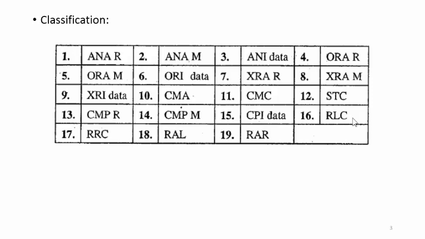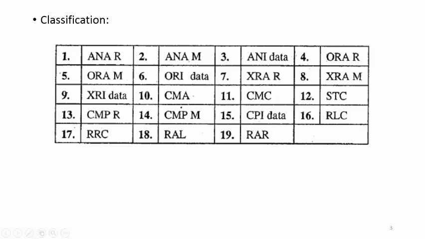Then the rest of the instructions are shifting instructions or rotation instructions. RLC indicates rotate left with carry, or shift left accumulator content with carry. After the execution of these rotate or shift instructions, the contents of the accumulator get shifted to the left or to the right, and there are two conditions, that is with carry and through carry.